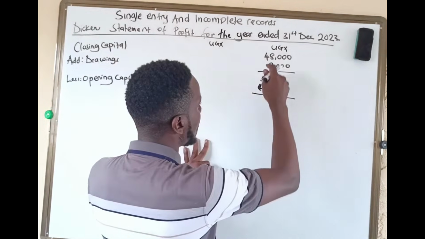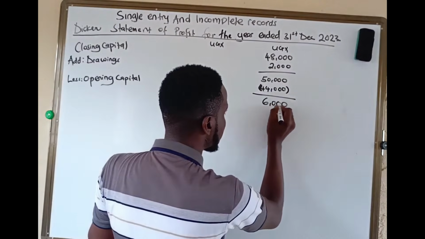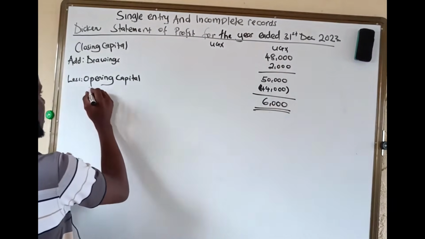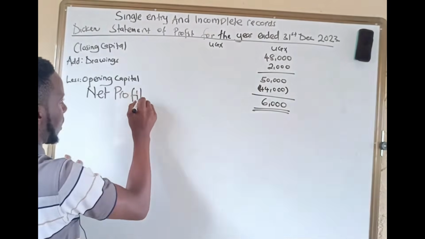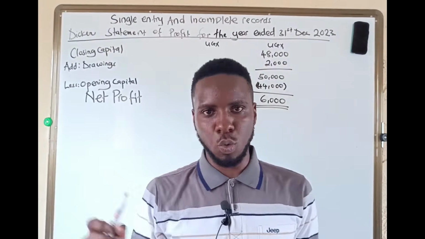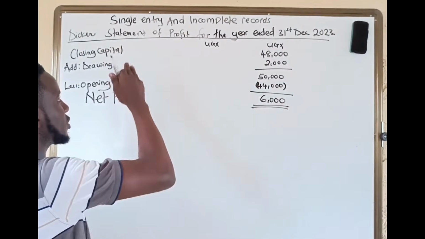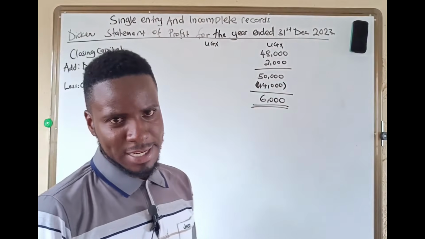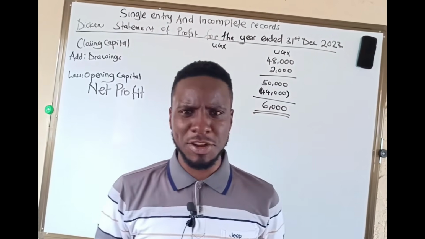So, 50,000 minus 44,000, we shall get 6,000 as our net profit. So, this is just it. We have established the net profit of a business using the net worth method. This is how it is. Very, very simple. Next I'm going to look at the conversion method.